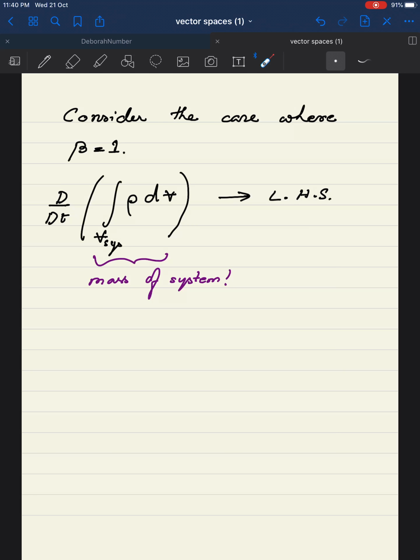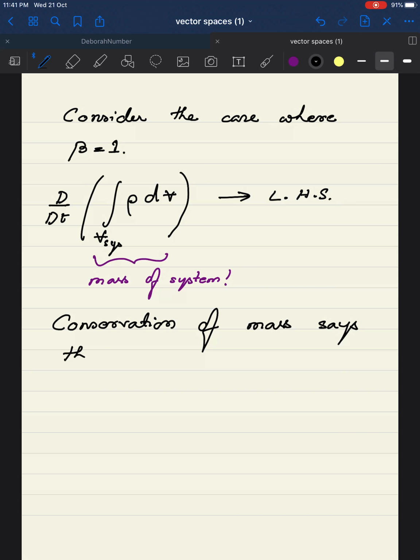And what do we know about the mass of a system? Well, the conservation of mass principle says that the LHS should be 0.